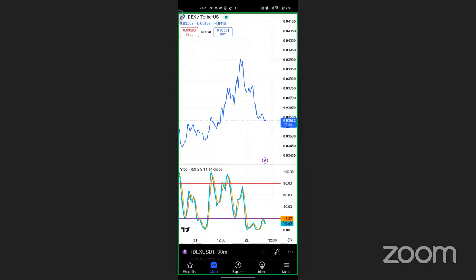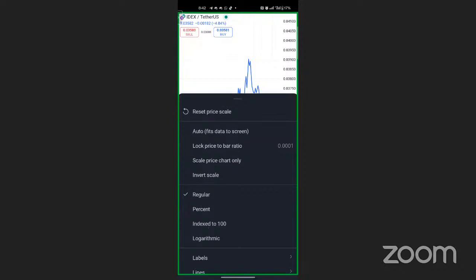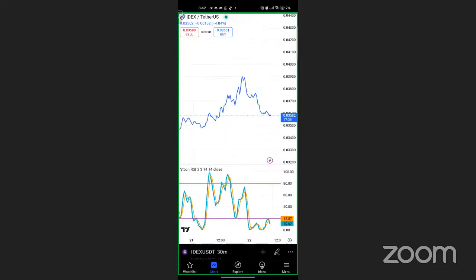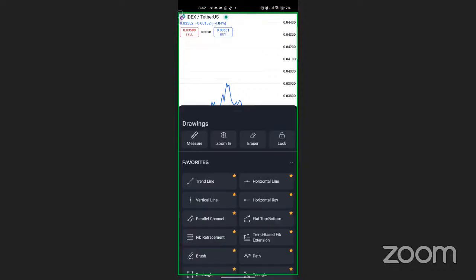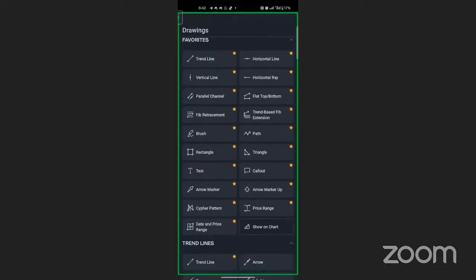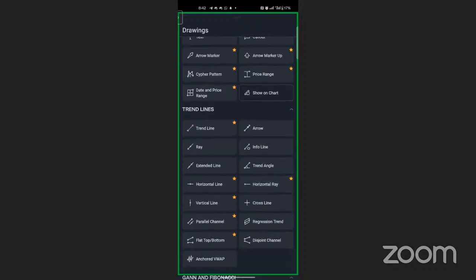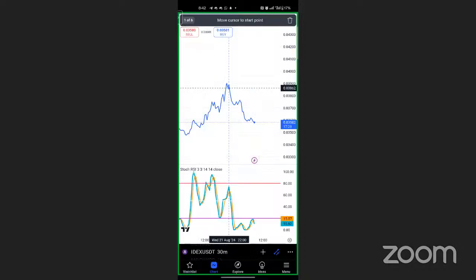Sorry for that. Then I want to draw above the candles. So I can either use a trend line or I can use a parallel channel.